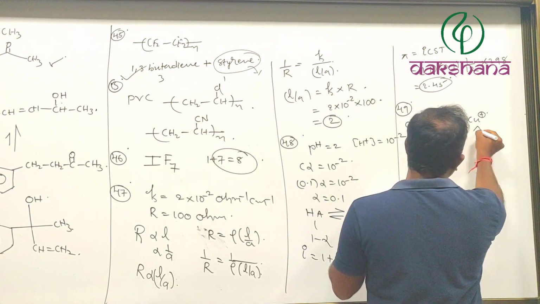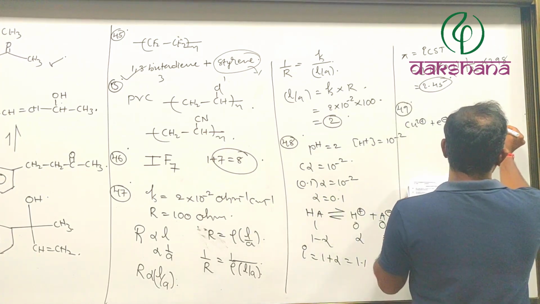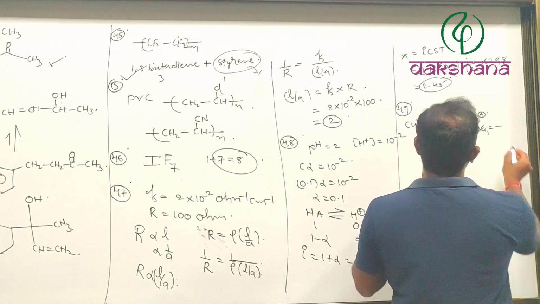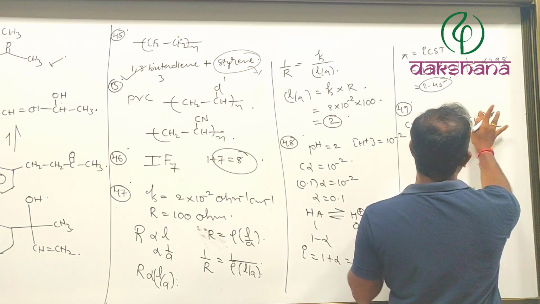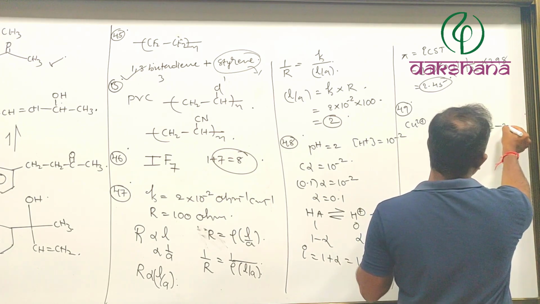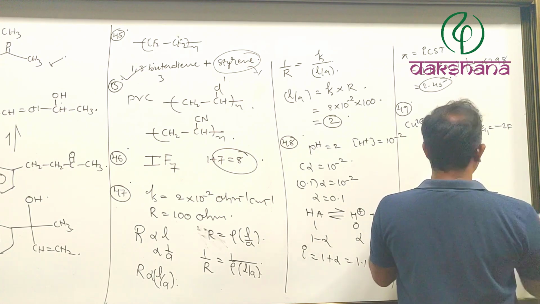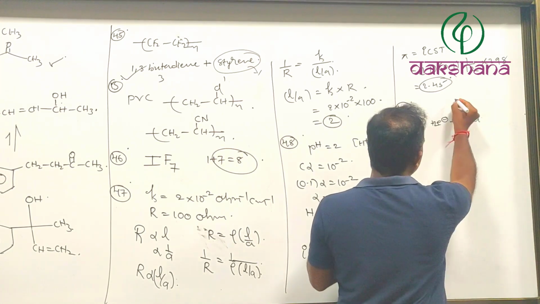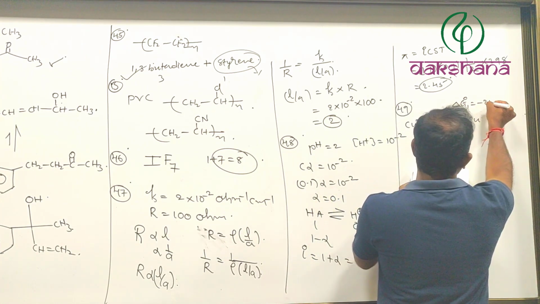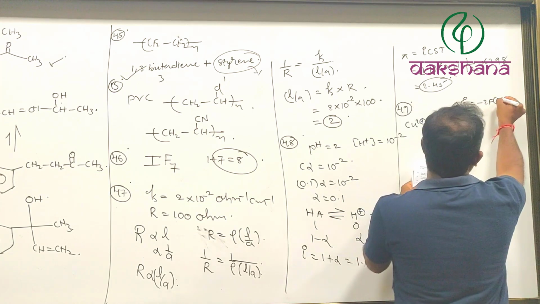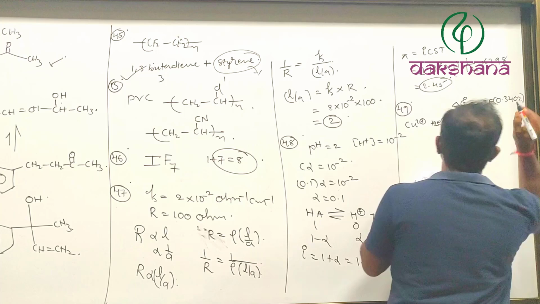For this, ΔG1 is equal to minus 2F into the given value. Cu2+ plus 2 electrons gives Cu, so ΔG1 naught is equal to minus 2F into 0.3402.